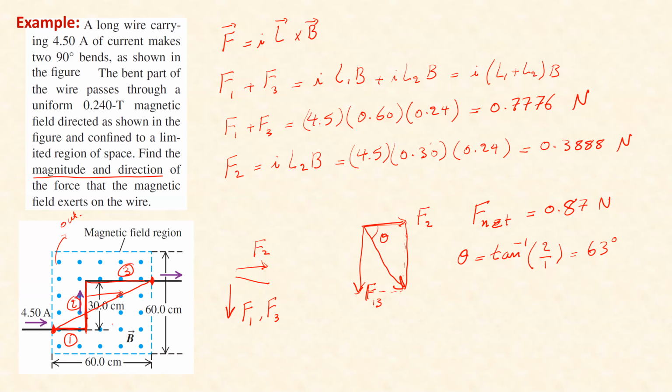So it means that in general, if it is a uniform field, it doesn't matter the shape of the wire inside the magnetic field. It just depends on where it starts and where it ends, which is very interesting.